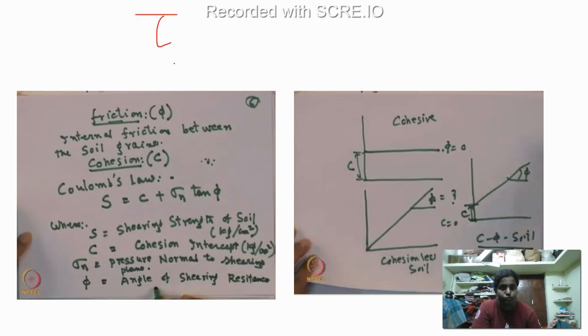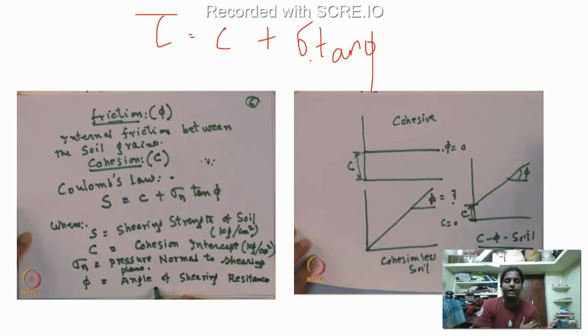This is also the standard notation. So tau equal to c plus sigma tan phi. Very, very important formula. Even though we have many advanced ones coming out, this is the first and very basic formula to find the shear strength of soil, which was given by Mohr Coulomb.